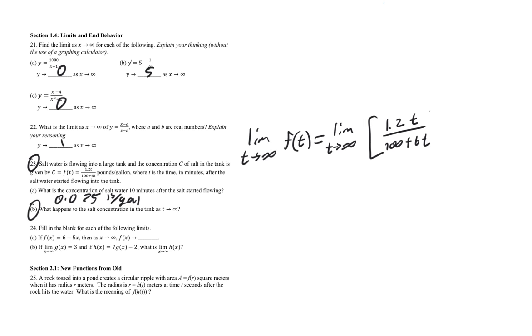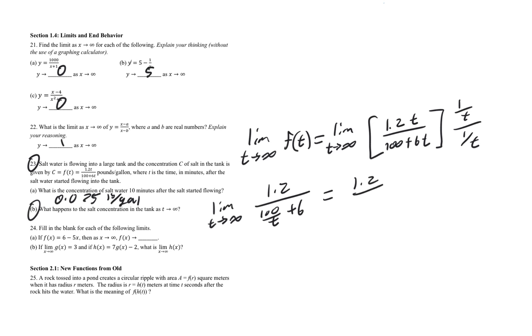So to evaluate this, we need to multiply our numerator and denominator by 1 over t. This would give us 1.2 over 100 over t plus 6. And if we take the limit as t approaches infinity of this, it will leave us with 1.2 over 6. And that's equal to 0.2 pounds per gallon.